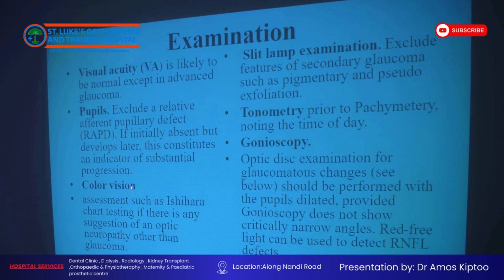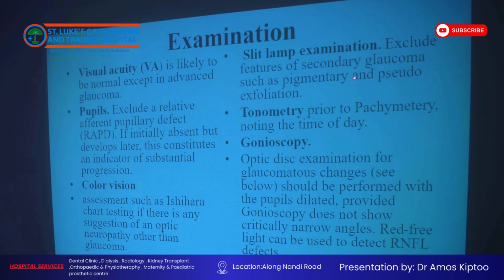Of importance after that is we do what we call slit lamp examination. We examine the eye. We check if there are features of glaucoma, if there are features of secondary forms of glaucoma or primary causes of glaucoma.